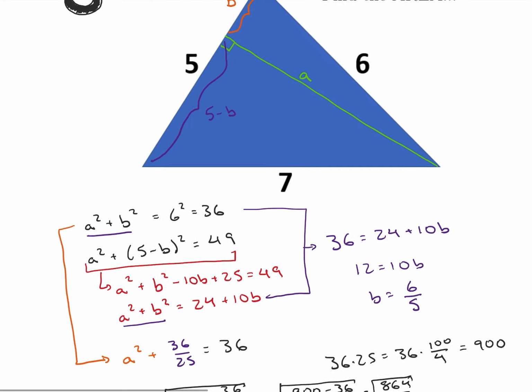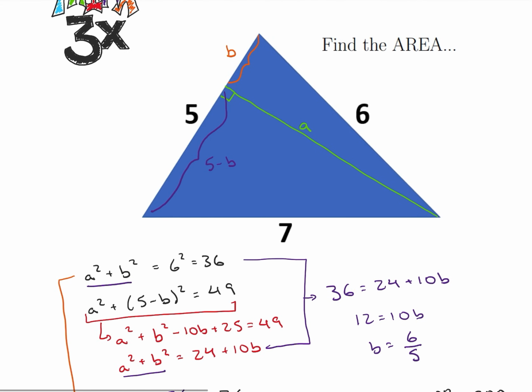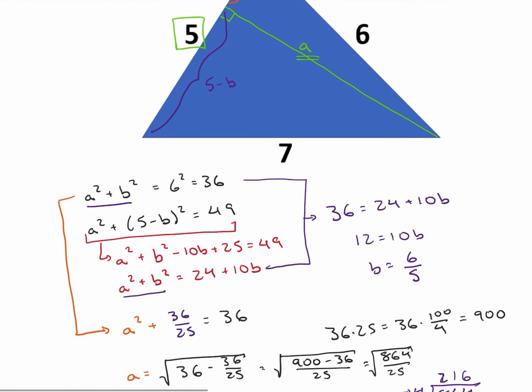Okay, so now that I have the length of A, so I have this vertical, and I also have the base here of 5. So remember, the area of a triangle is 1/2 base times height.